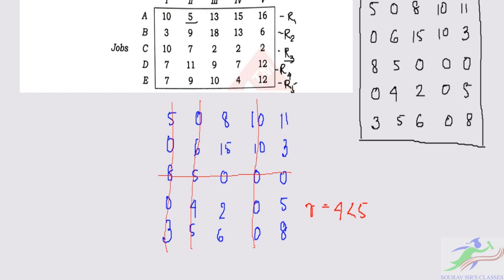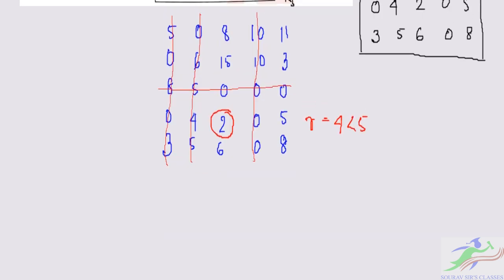We subtract 2 from all the uncovered elements and add 2 to the elements at the intersection of the covering lines, namely 8, 5, 0, at positions 3,1, 3,2 and 3,4 respectively, and leave the other covered elements unchanged.